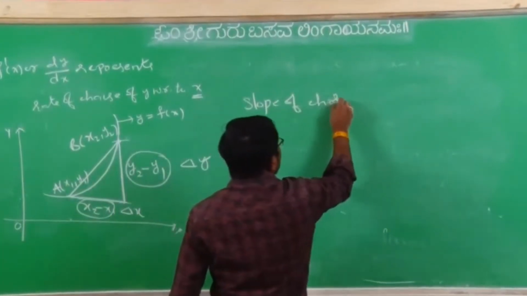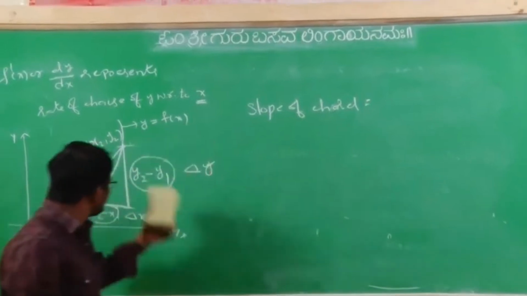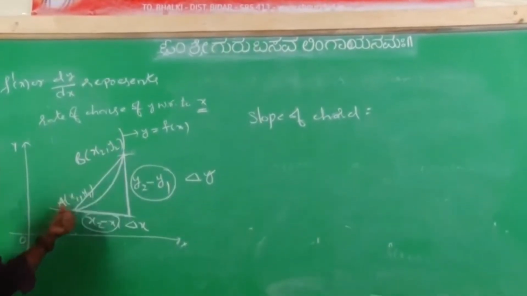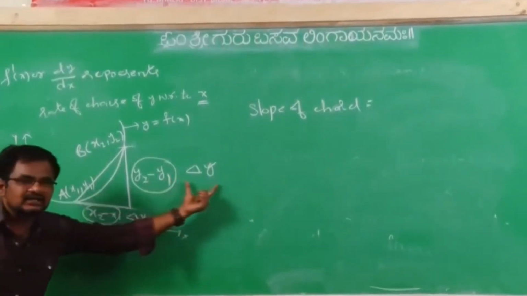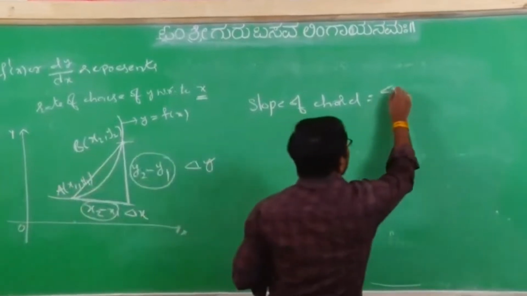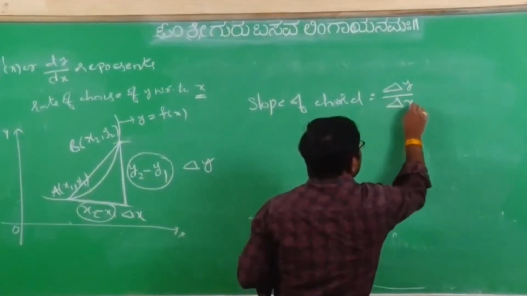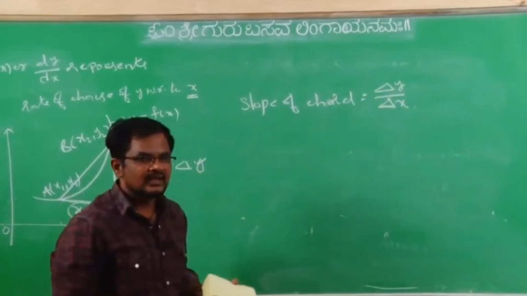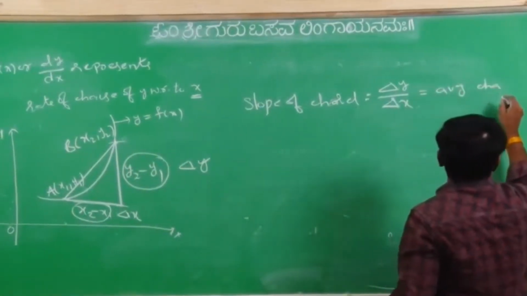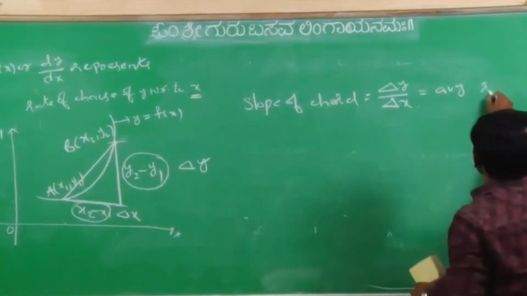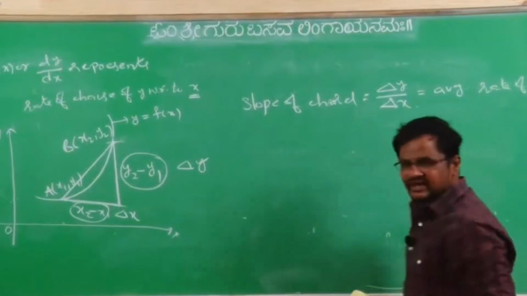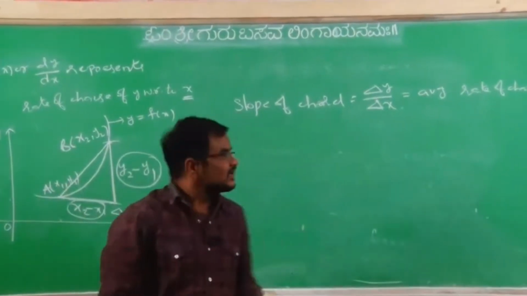Slope of the curve AB is y2 minus y1 by x2 minus x1, nothing but delta y by delta x. It is nothing but what? Average rate of change of y with respect to x.